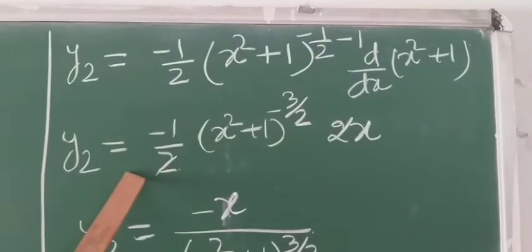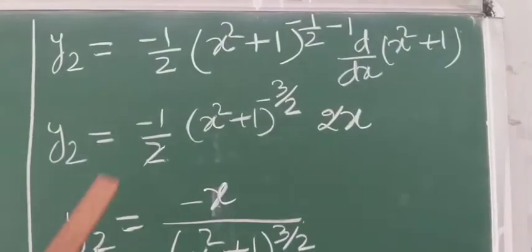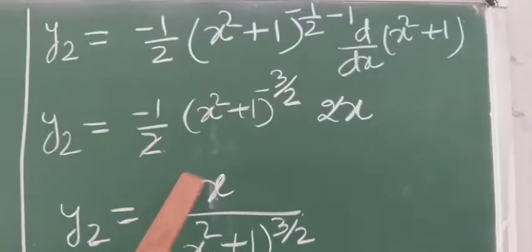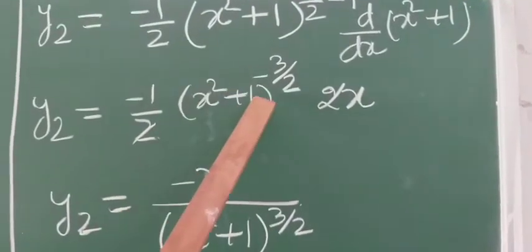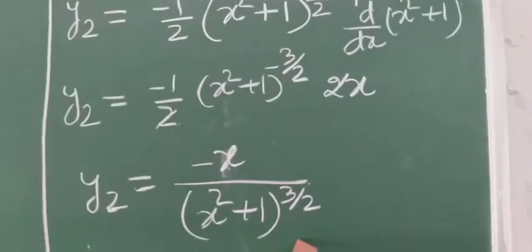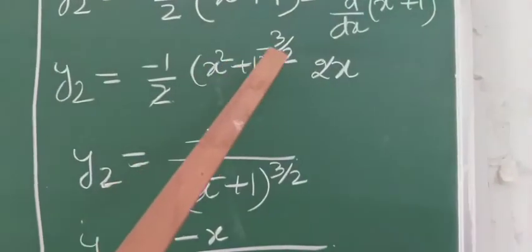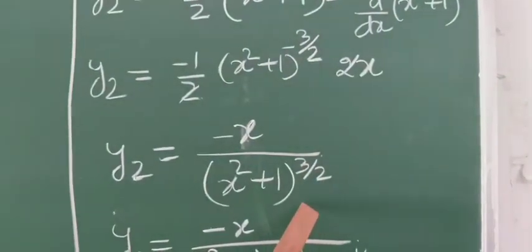The 2 cancels. Now y2 equals minus x upon (x square plus 1) to the power 3 by 2. When it comes in the denominator, the power becomes positive.